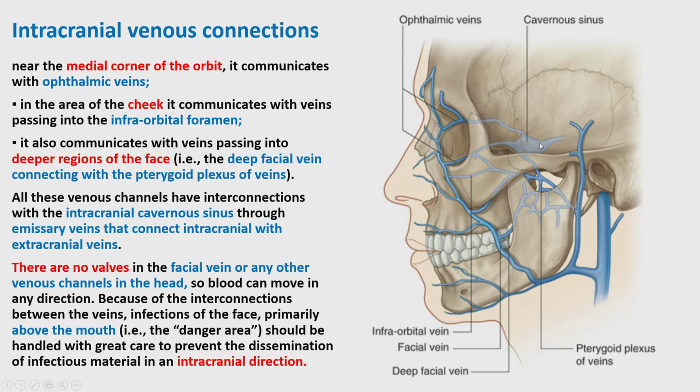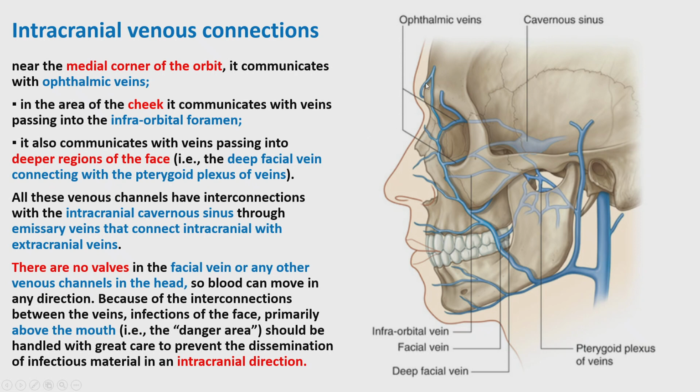The reason is that in the face region, the veins don't have valves. So they can flow in both directions, in the cranial direction and in the opposite direction. This is very important for the spread of infection.